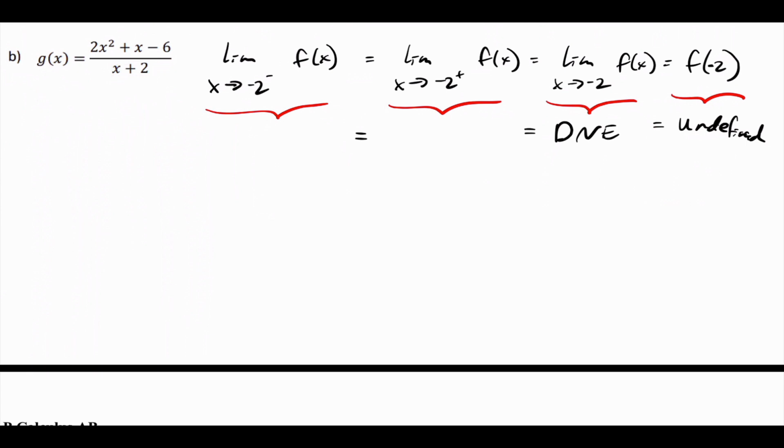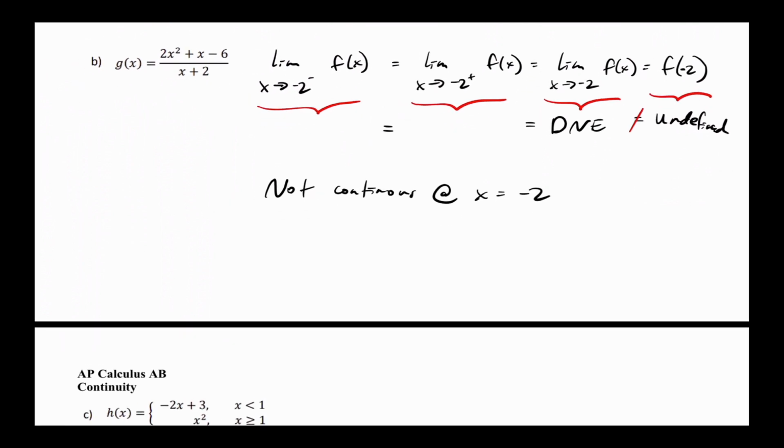So again, it doesn't even matter what the other two equal because there's no way they can equal each other. So we're going to say not continuous at x equals -2.